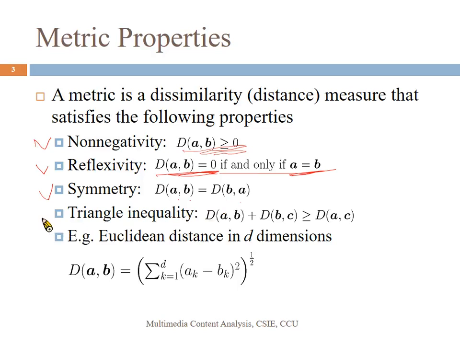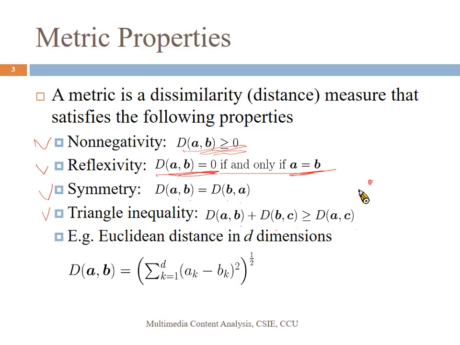Also, a metric should follow the triangle inequality. So the distance between A and B plus the distance between B and C should be larger than or equal to the distance between A and C. So this is called the triangle inequality.